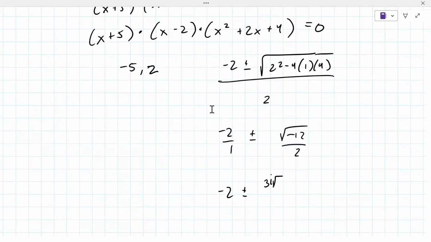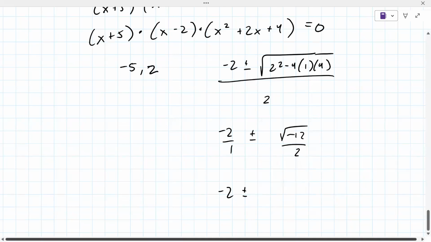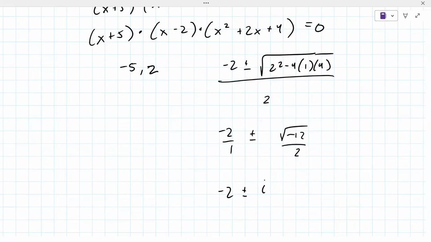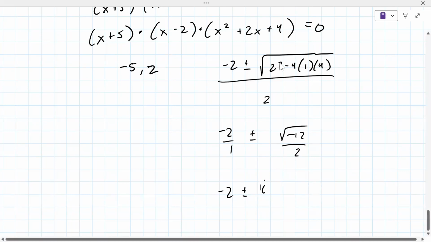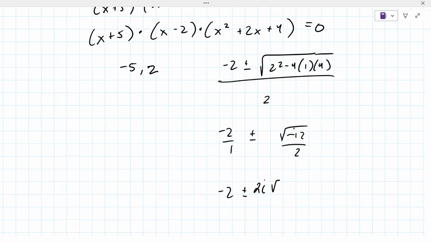All right, I got -2 plus or minus the square root of 4, -4. No, so that's 2 squared minus 4 times 1 times 4. It's never a perfect square. In this case, you got 2 root 3 or 2i root 3 over 2. So take just another look at that.